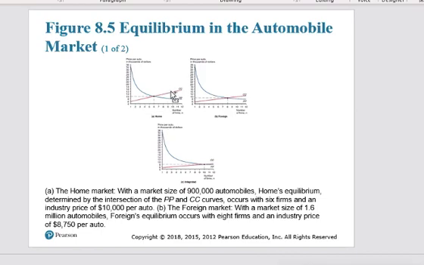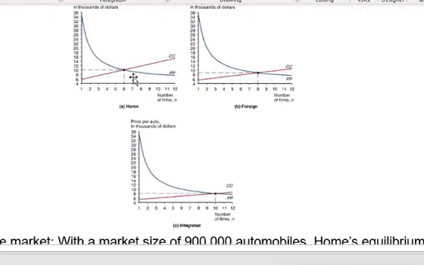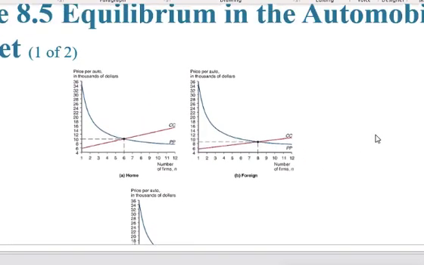Let me try to enlarge this. This is the graph for when the home country is operating by itself. You see the number of firms on the x-axis is 6, and on the y-axis is the price. We cannot really see the price here, but it's roughly around 10,000 per car.